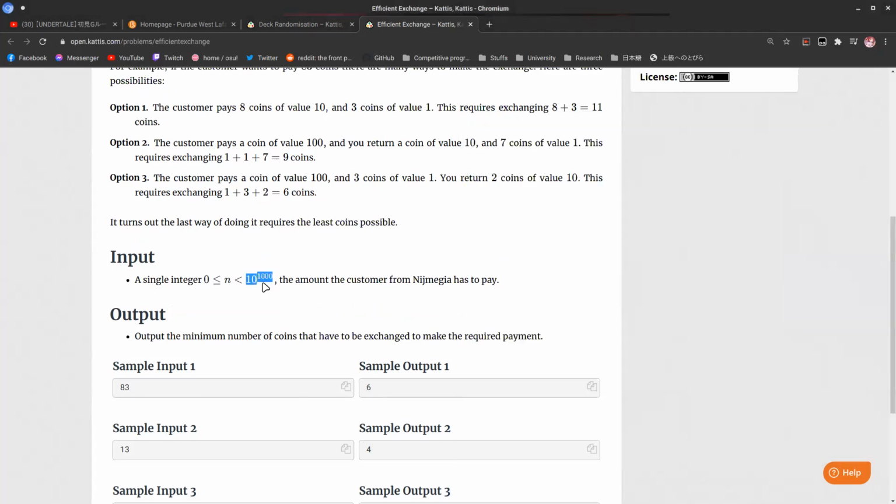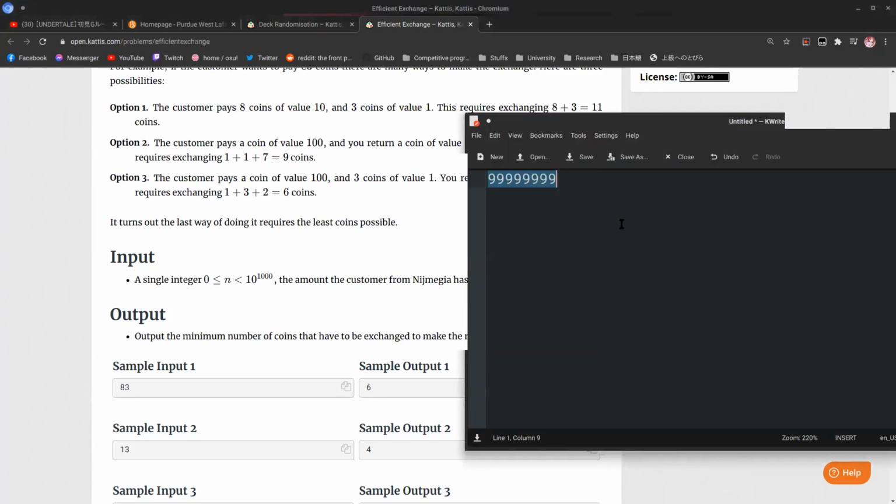The number of digits is like 1,000, and I can prove that my solution has 1,000 layers. Each layer has 2 nodes. A layer means the numbers that have the same number of digits.